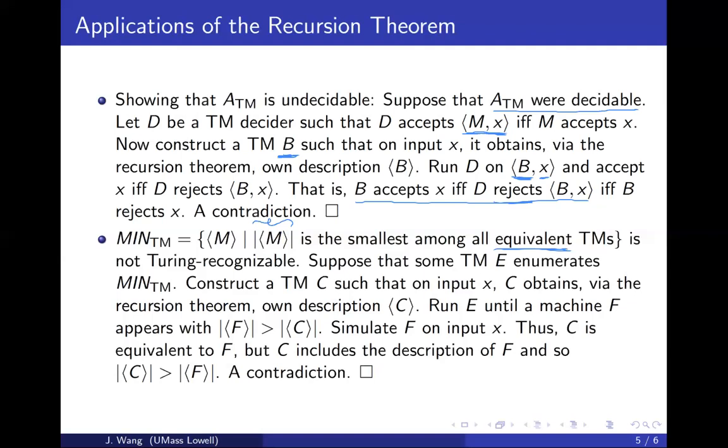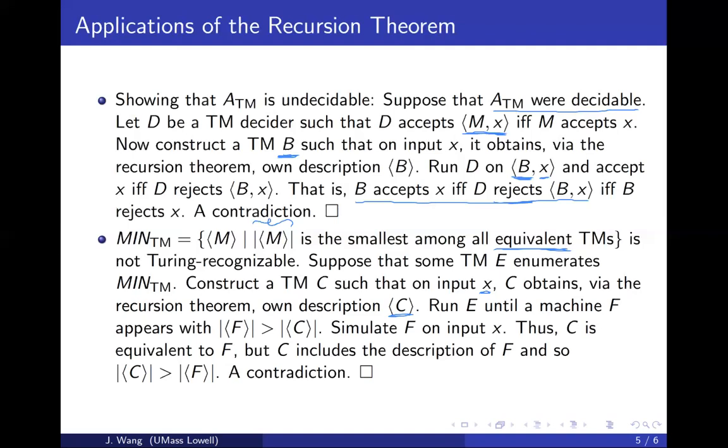An enumerator doesn't take any input, but just keeps outputting strings that are in this set. Now we construct a Turing machine C such that on input X, it obtains via the recursion theorem the description of itself, which is the encoding of C.